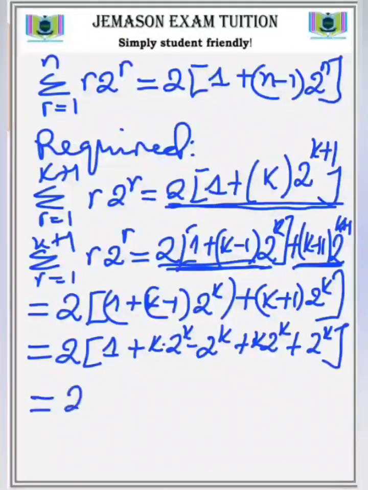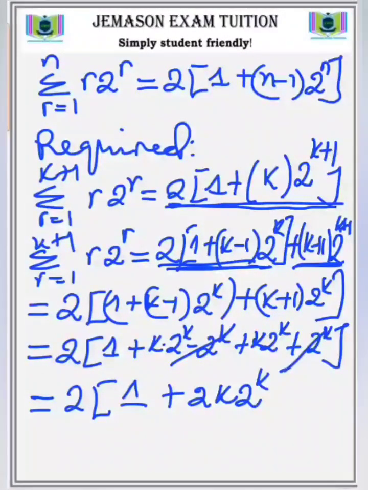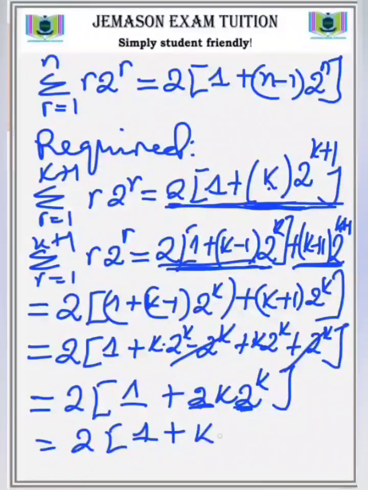This will be equal to 2 into 1 plus, now there is negative 2 to the k plus 2 to the k, they will cancel out. Then k times 2 to the k plus k times 2 to the k would give us 2k times 2 to the k. And finally we have 2 into 1 plus. In our statement we had k times 2 to the k plus 1. So this 2 times 2 to the k will now give k times 2 to the k plus 1.